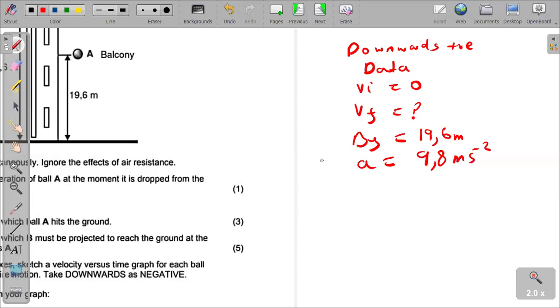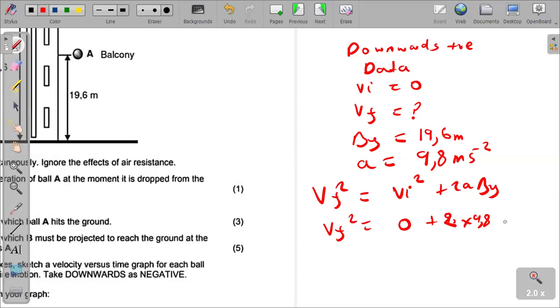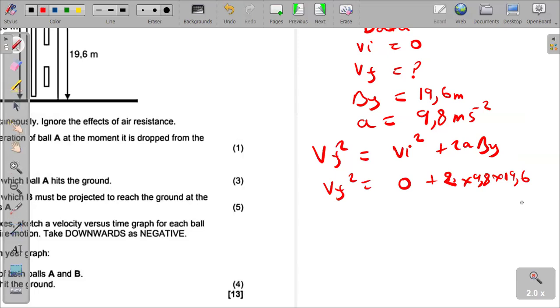With that in mind, we go to the equations of motion to choose which equation. We can use VF squared is equal to VI squared plus 2A delta Y. VF is what we are looking for. So VF squared is equal to 0 plus 2 multiplied by 9.8 multiplied by 19.6, and that gives us 384.16.